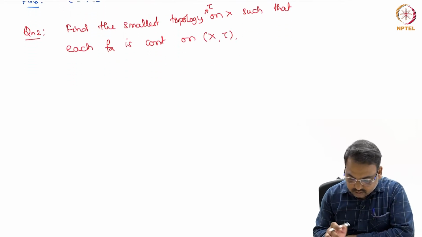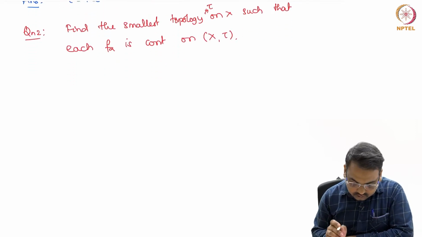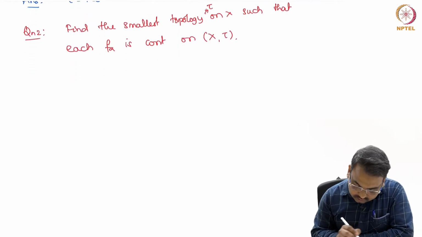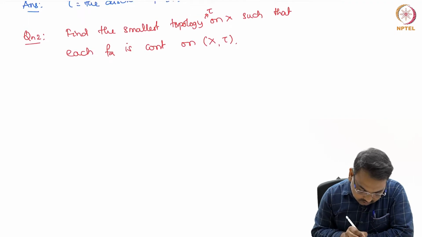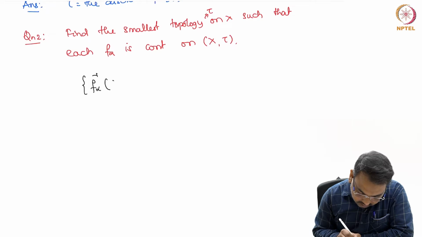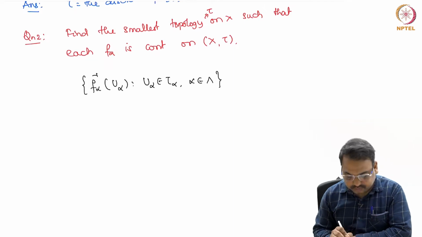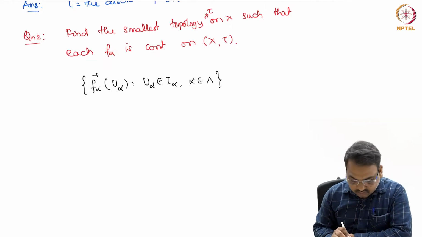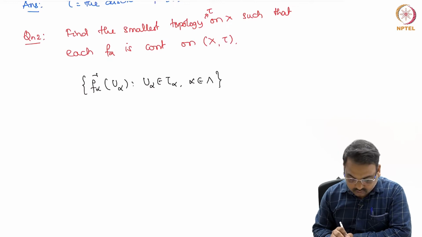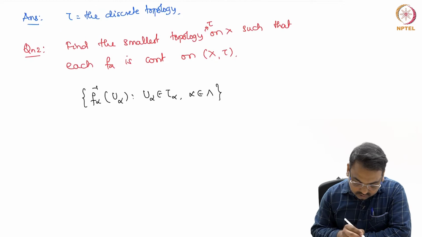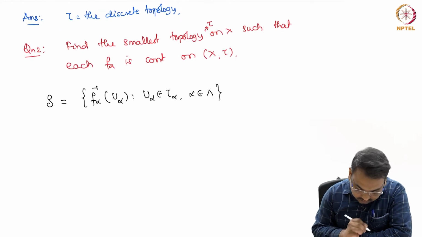Okay, so let us see the way to construct such a topology. Suppose we have such a topology. We look at f alpha inverse of u alpha, where u alpha comes from the topology tau alpha. These are all inverse images of open sets in the space X alpha. Let us call this set S.